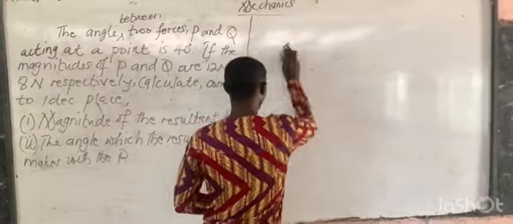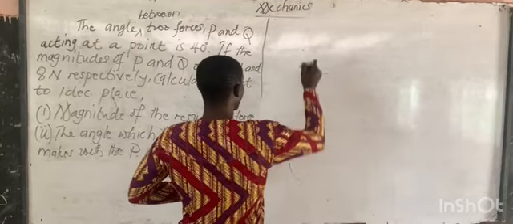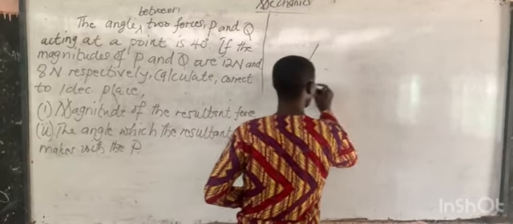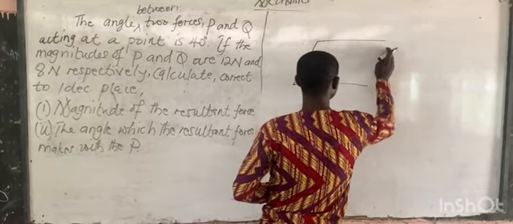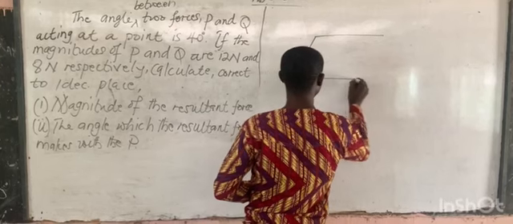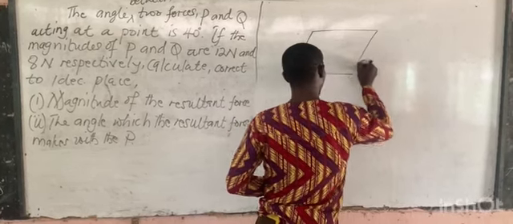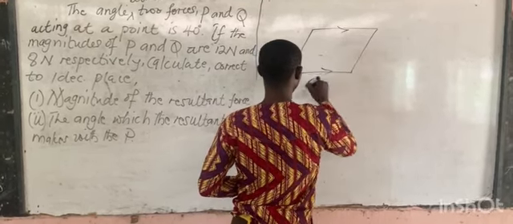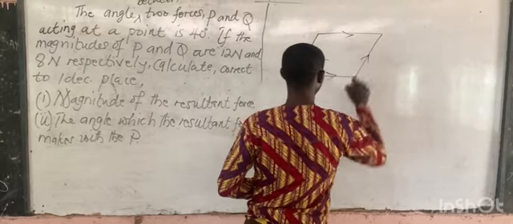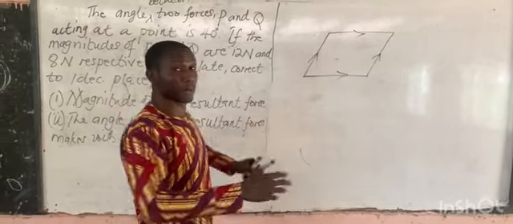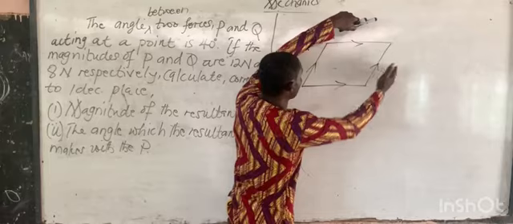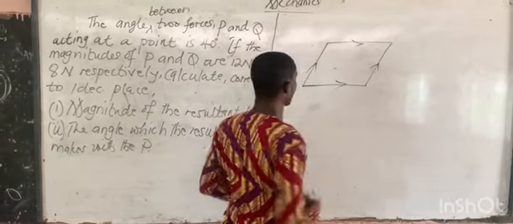So let's start. What is a parallelogram? A parallelogram is a quadrilateral with a pair of sides being parallel, and the other pair also parallel.